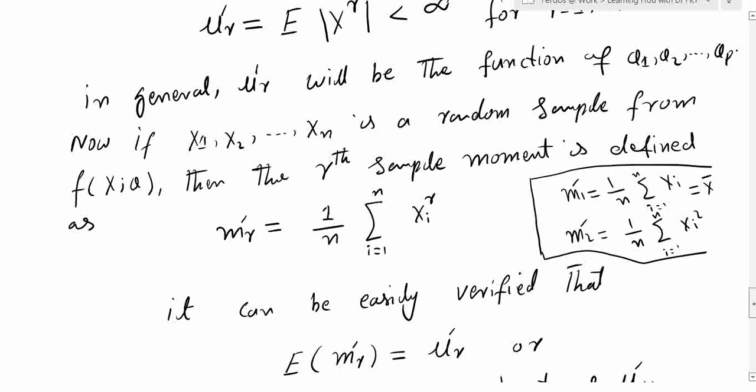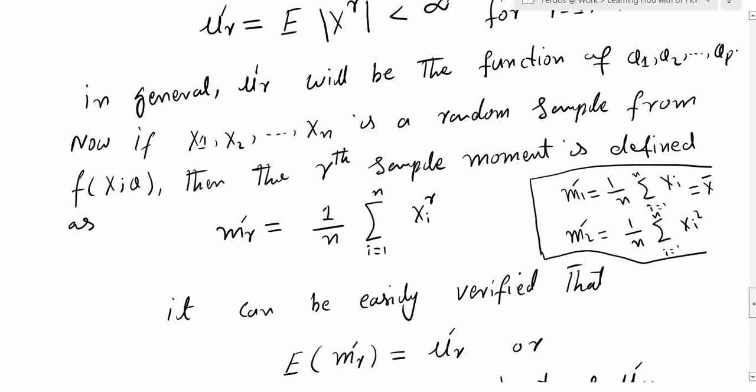The second moment, m2 prime, is equal to 1 divided by n, sum over i from 1 to n, of x i square; just replace r with 2 in the general formula. I will explain at the end of this lecture that this is also equal to some other simpler value. At the end of the lecture you will see.